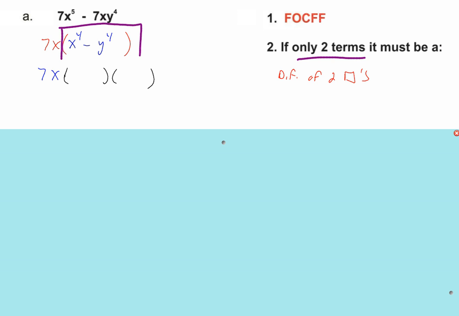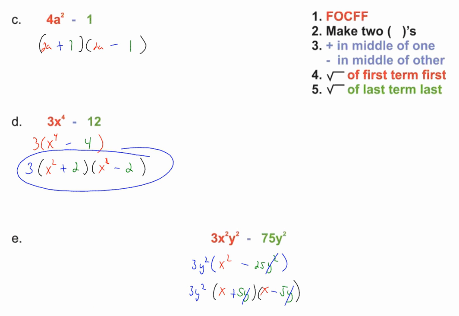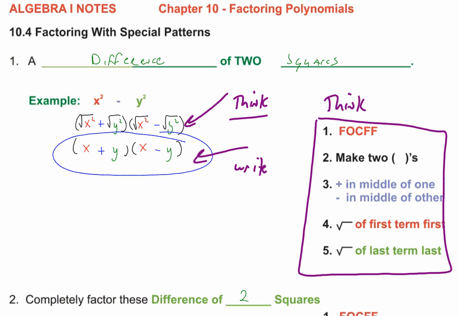By the way, I was working with somebody yesterday, two people actually, and neither one of them went in this order. Now, I told them this, look, you can have a different order, but your order better be the same every time, because if not, you're not wiring your brain. Now, I listed yesterday an order to have. Factor out common factors first, make two parentheses, plus in the middle of one, minus in the middle of the other, square root of the first, square root of the last.